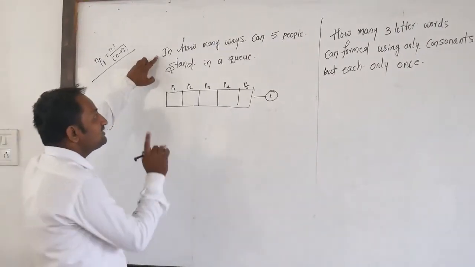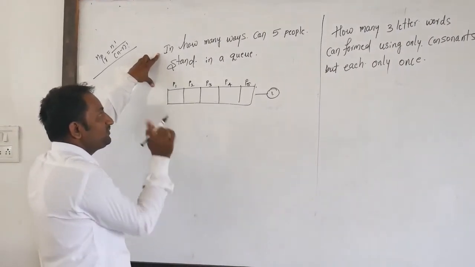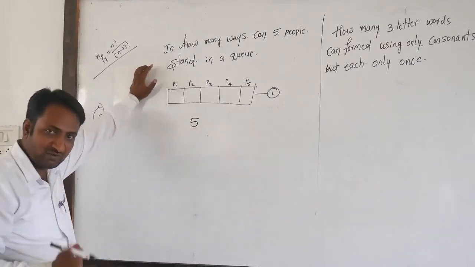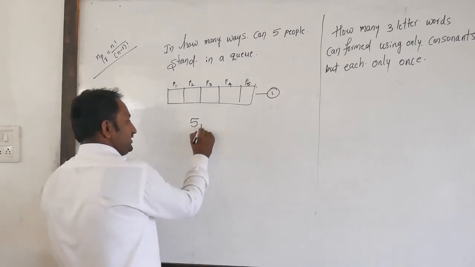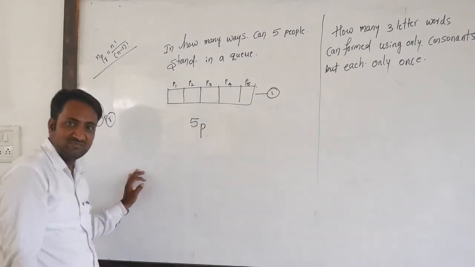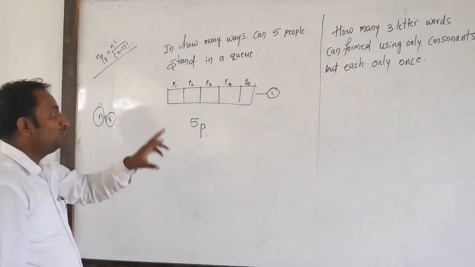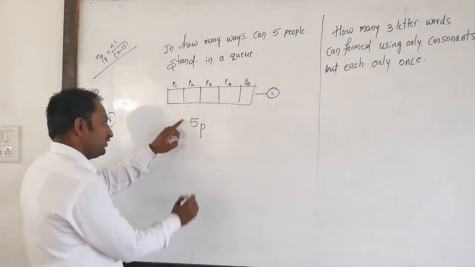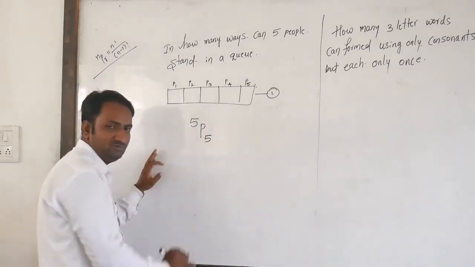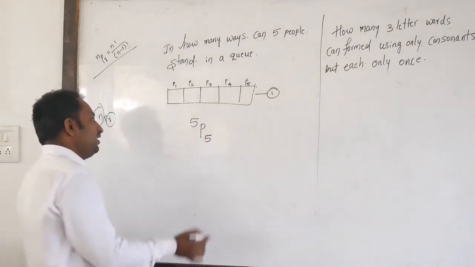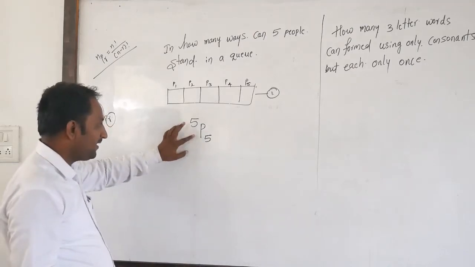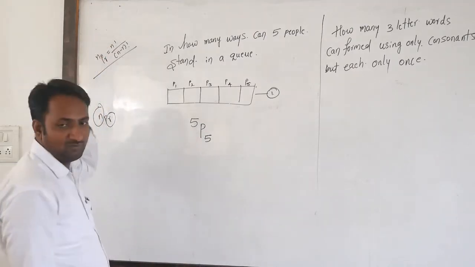Here, 5 people are available in total, and by using these 5 people we can make one queue involving 5 people, that is 5P5. This is our answer.